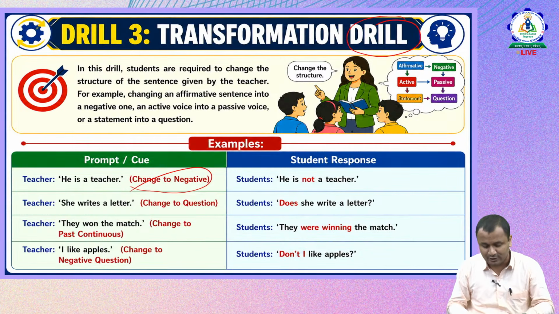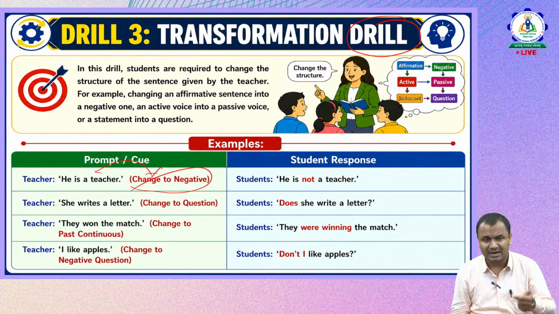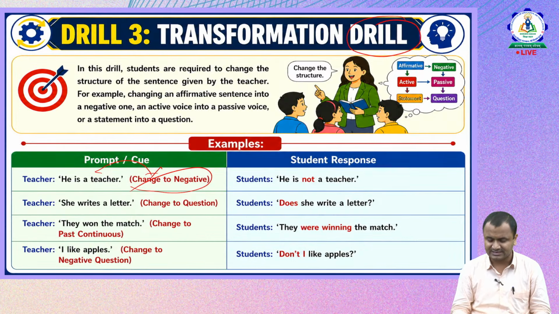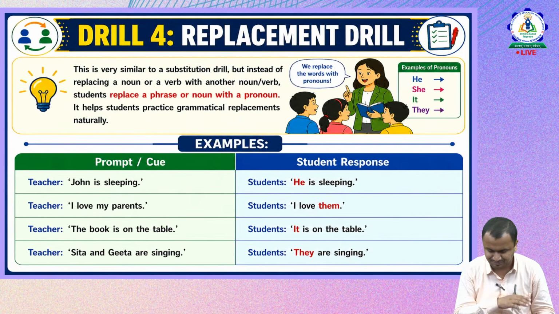Students are expected to change this sentence into negative following the instruction, to transform the sentence. Metamorphism is at the core of the transformation drill. So the student will say, he is not a teacher, simply by adding not, the student made it negative. So the transformation drill is all about changing the type of sentence.